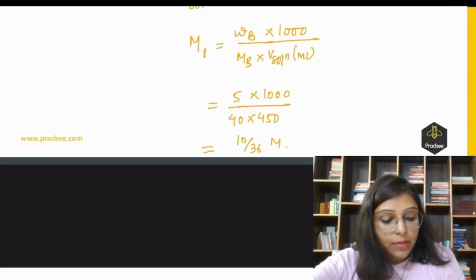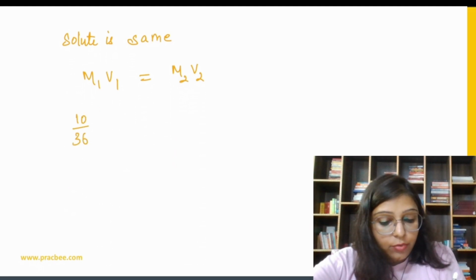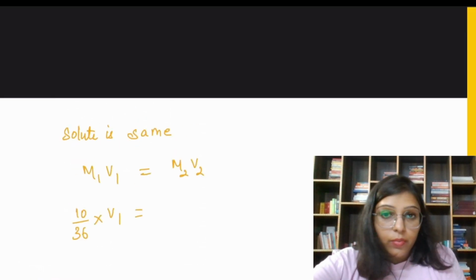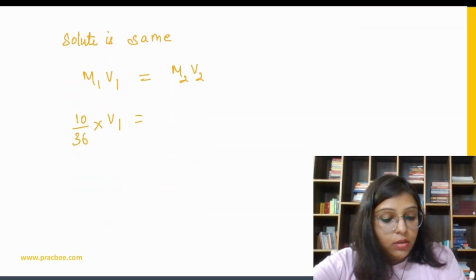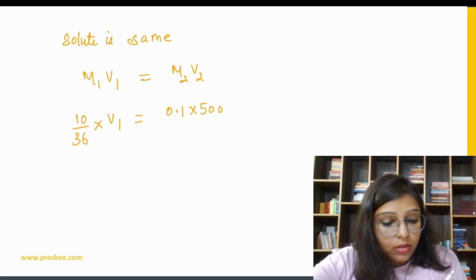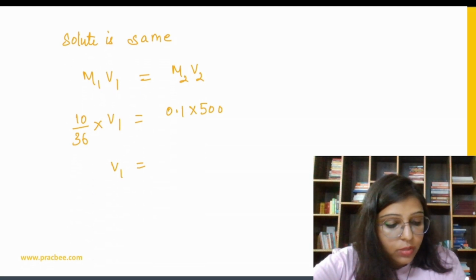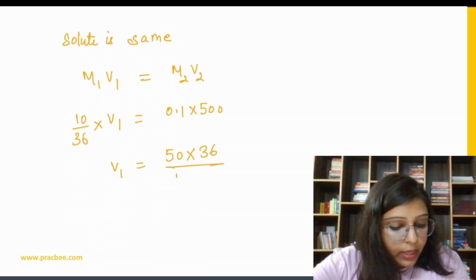M1 is 10 by 36. We have to find this volume V1, where M2 is 0.1 and V2 is 500 ml. So on solving, we get V1 is equal to 50 into 36 upon 10.